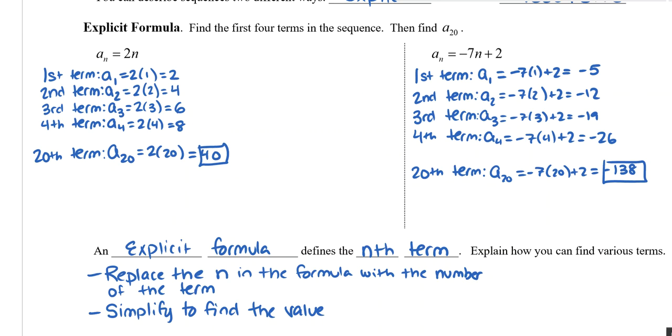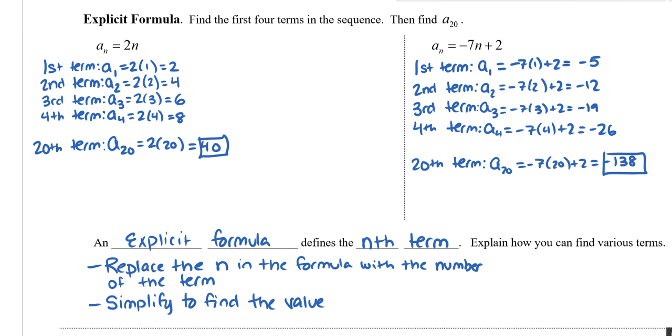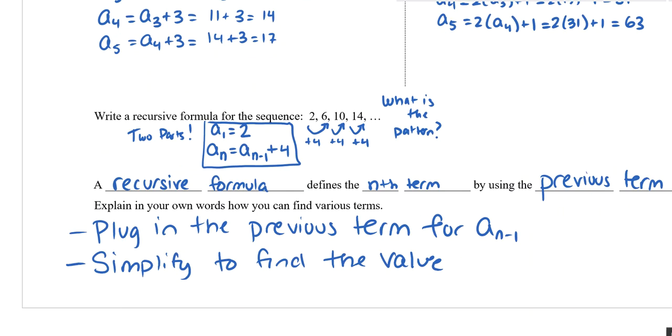We did not have to know any other terms. With the recursive formula, to find the 20th term, we would have had to know the 19th term. And to find the 19th term, we probably would have had to know the 18th. To find the 18th, we would have had to know the 17th. So you always have to know the previous term to be able to solve for that term.